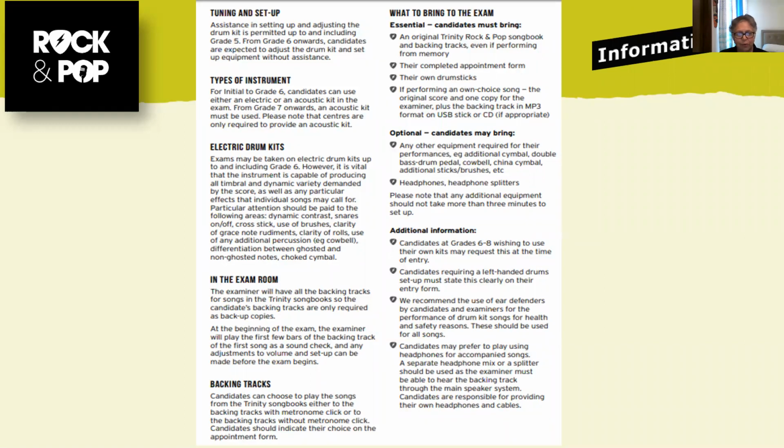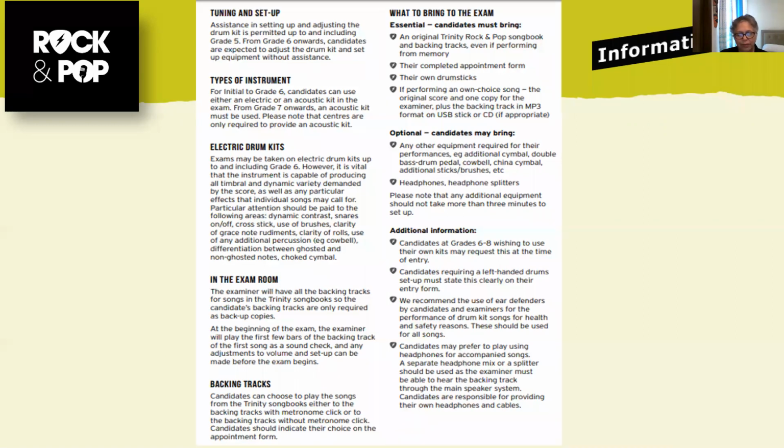Now, in the exam room, when you've gone into the room, the examiner will play the backing tracks for the songs that are in the Trinity songbooks. So if you're carrying your backing tracks, they will be a backup copy in case something goes wrong. However, if you've chosen a song from outside the syllabus, which is an option for song 2, you will carry your backing track with you on a pen drive or a CD.